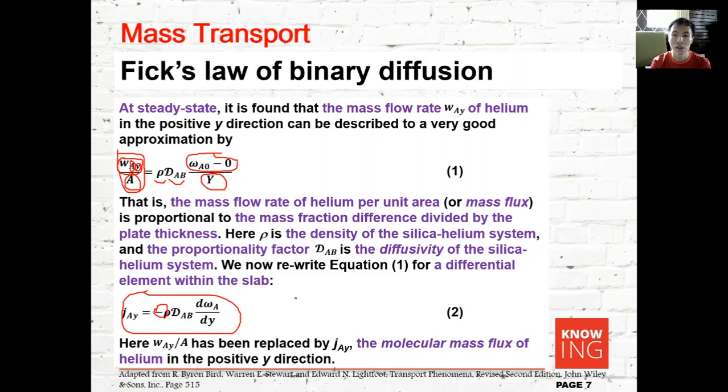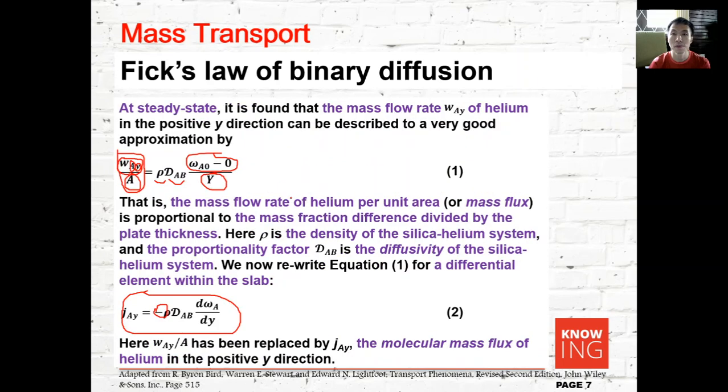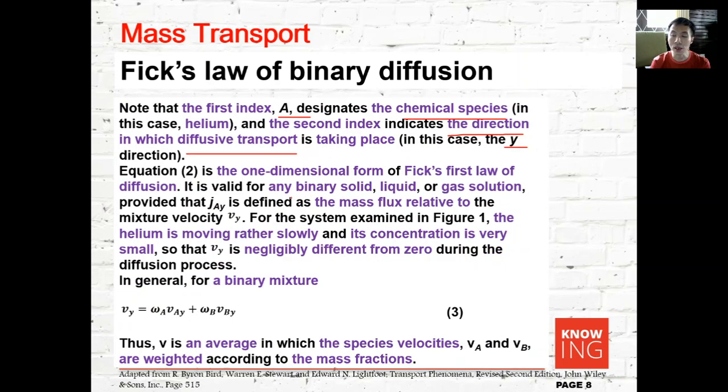This is similar to Fourier's law of heat conduction and Newton's law of momentum transport. Like I said, A designates the chemical species and y is the direction of diffusion. Equation 2 here is defined as the one-dimensional form of Fick's law of binary diffusion.